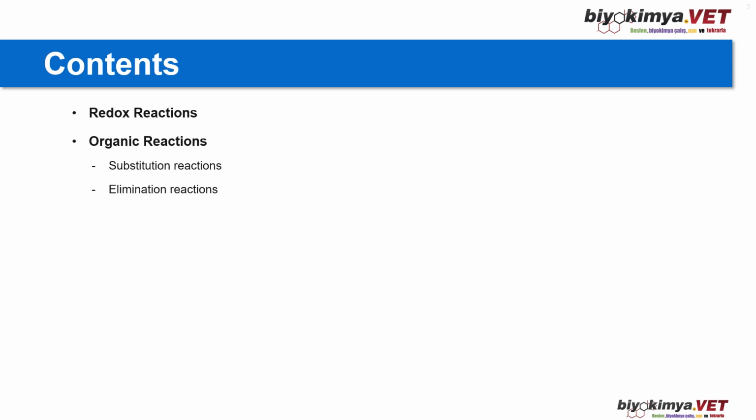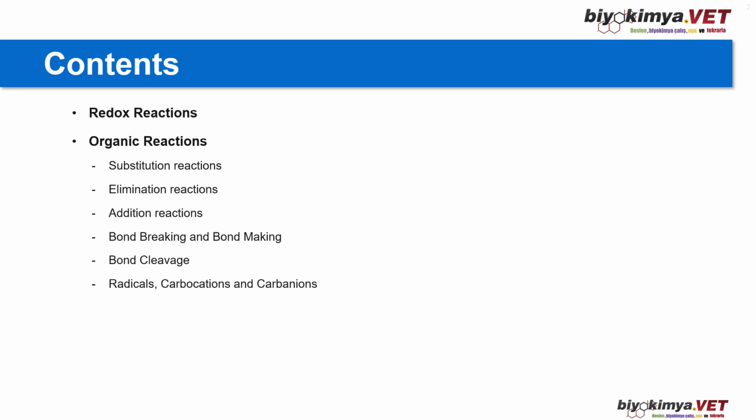In this topic, many contents welcome us, and we have four major titles. The first is Redox Reactions. Then Organic Reactions, the second major title, which has subtitles: the type of organic reactions, bond breaking and bond making, bond cleavage, radicals, carbocations and carbanions, and bond formation.